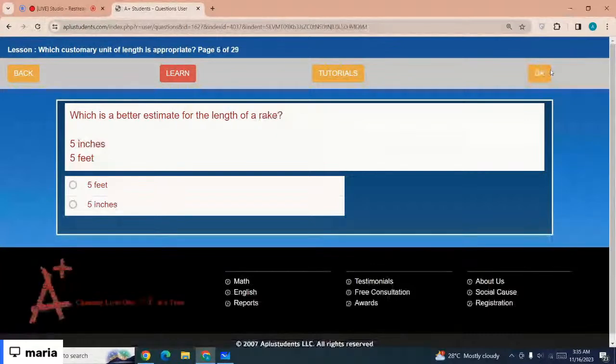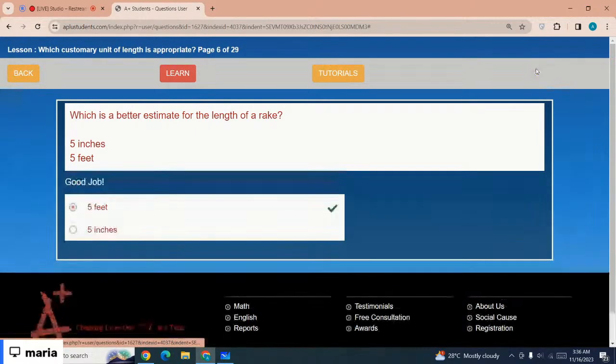Which is a better estimate for the length of a rake? It would be 5 feet, right? Because 5 inches is too small for a rake.